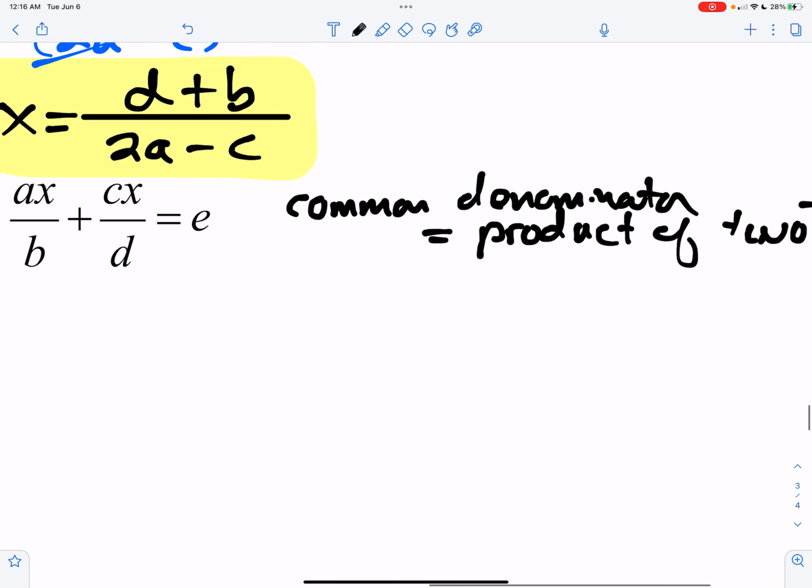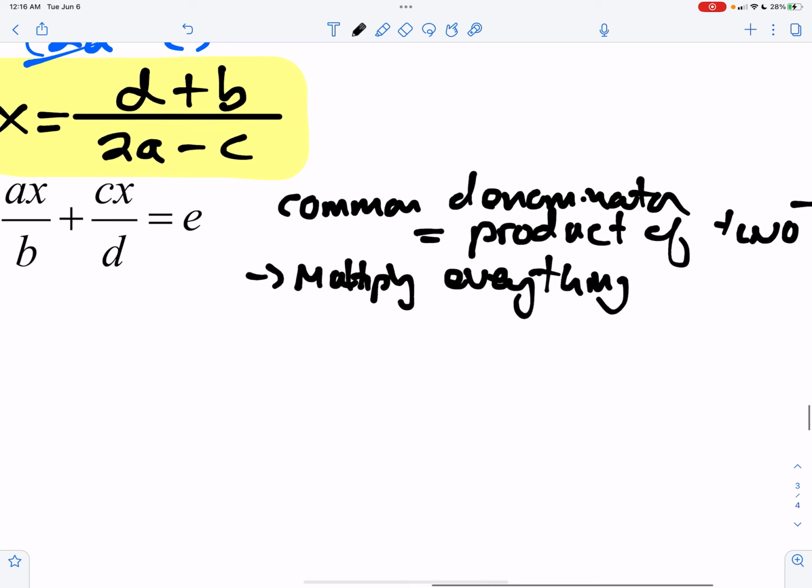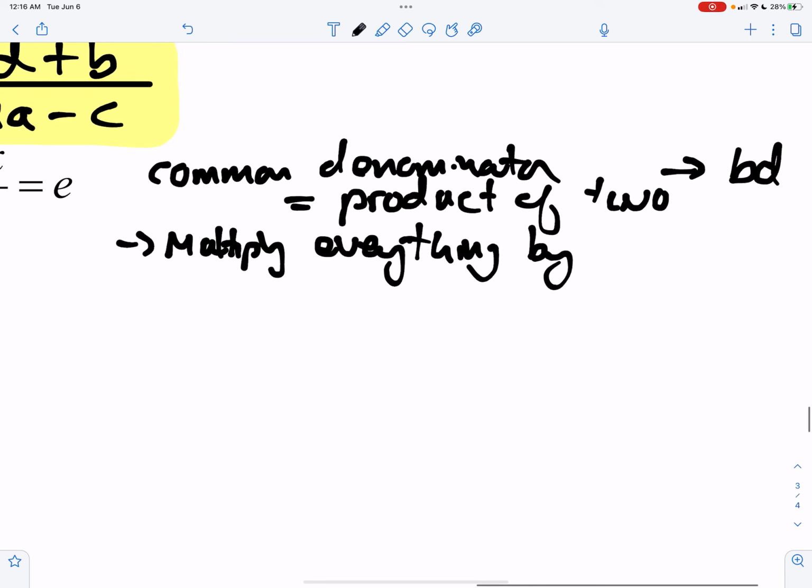So to get rid of the fraction, we're going to multiply each term by b times d, the common denominator. Okay, we're going to see how this looks.